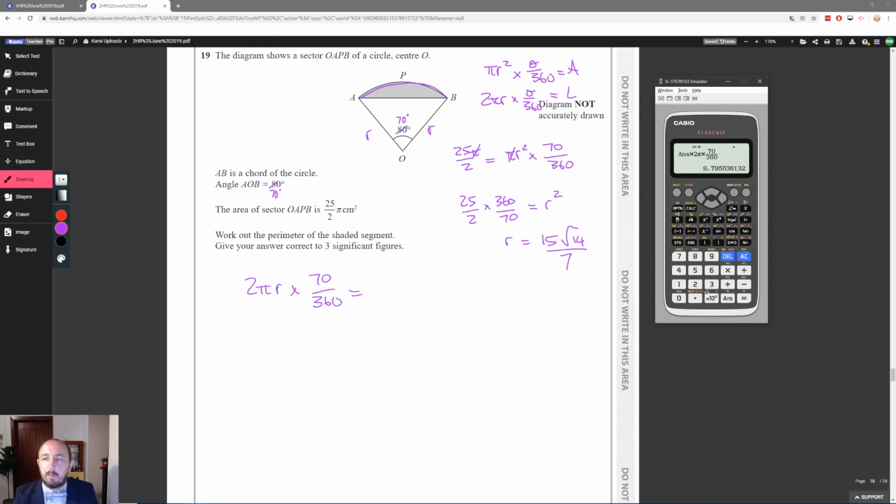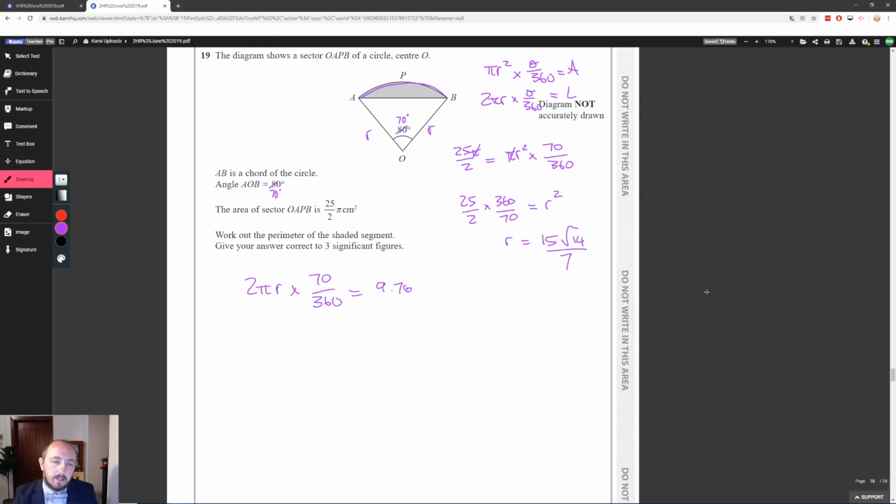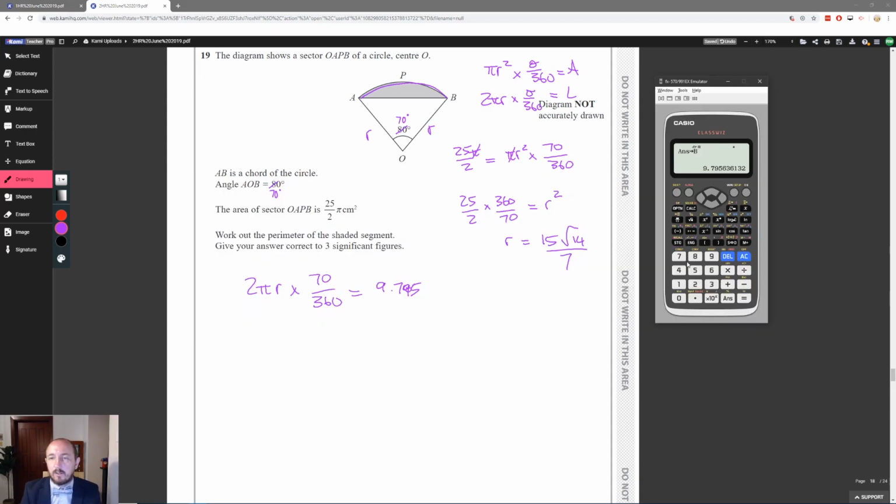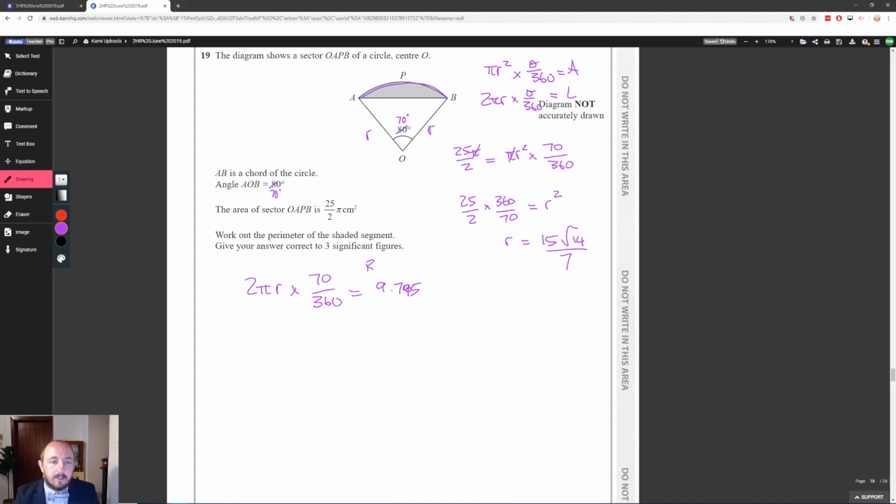That gives us 9.795 for the arc length. So we'll store that in B. I'm just going to write down that I've got that in B and the radius in A.